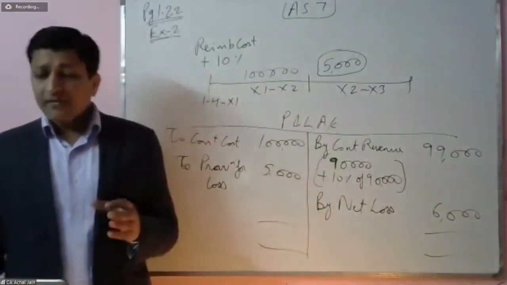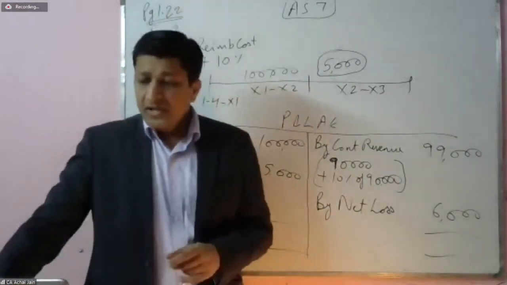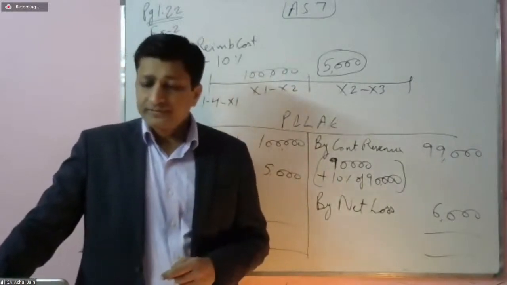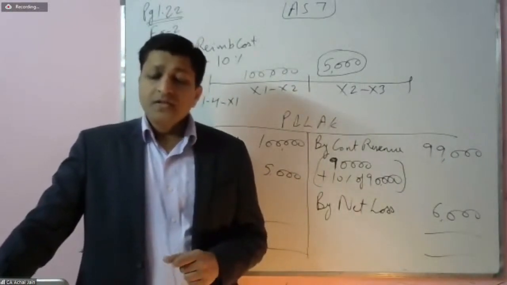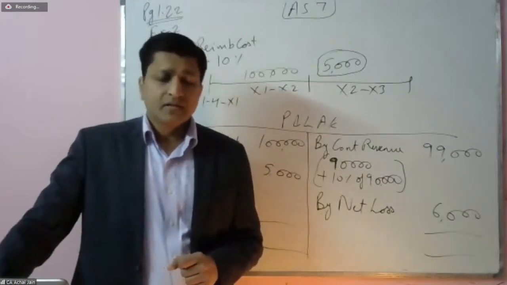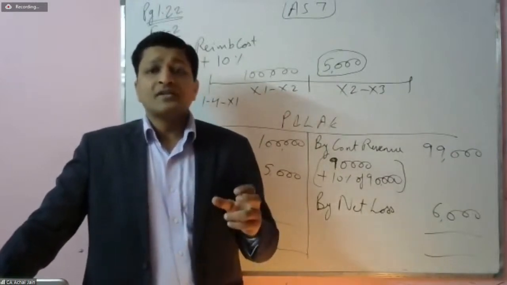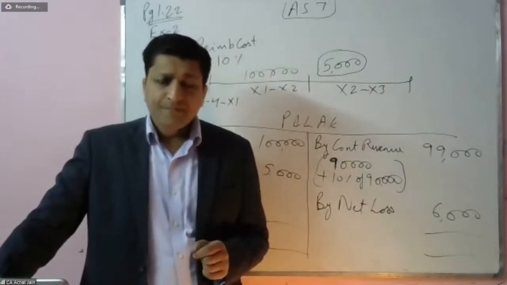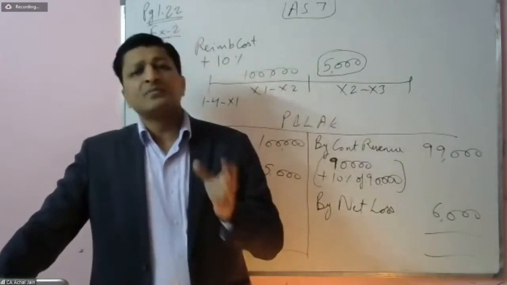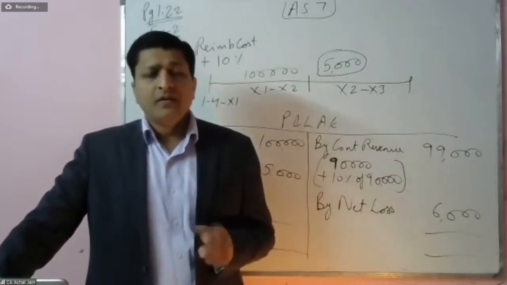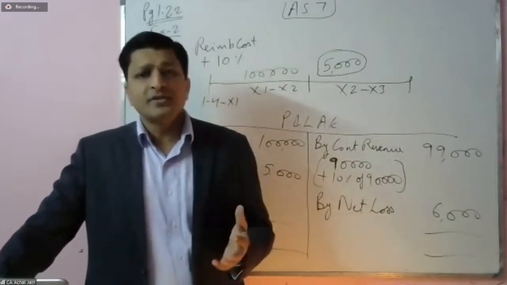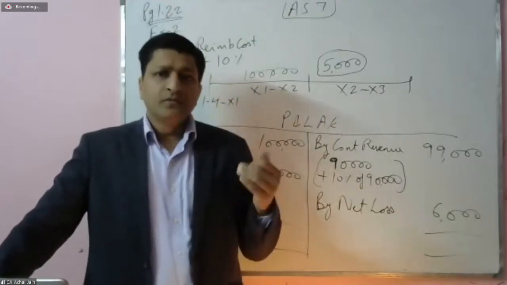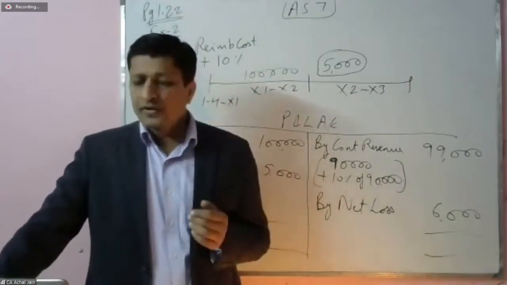Vrinda is asking, sir, why the advance received is not included in the cost of construction contract. See, when you receive an advance, that advance is the cash flow. Let's suppose you receive 100% advance today, will you say that your cost is 100% and incurred today itself? No. Same is the logic over here.